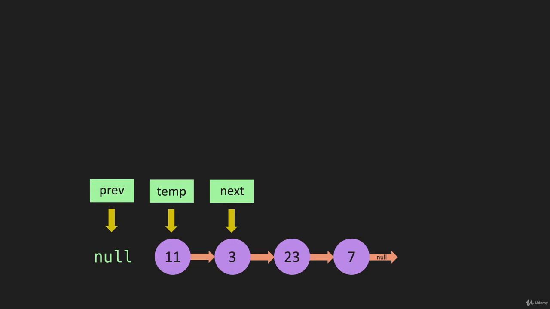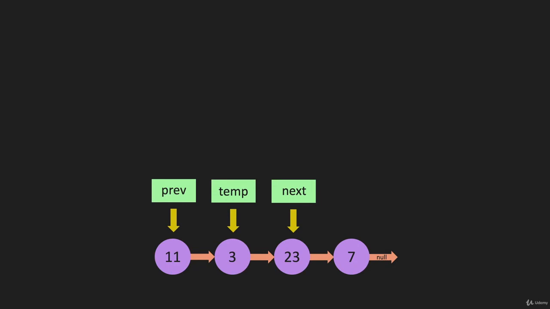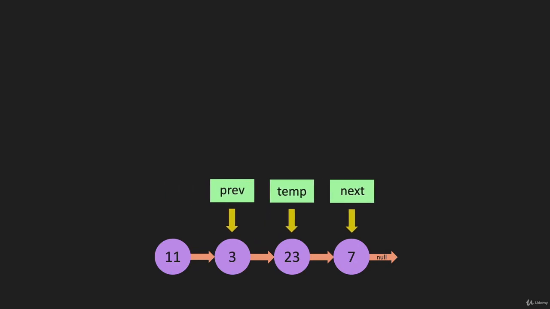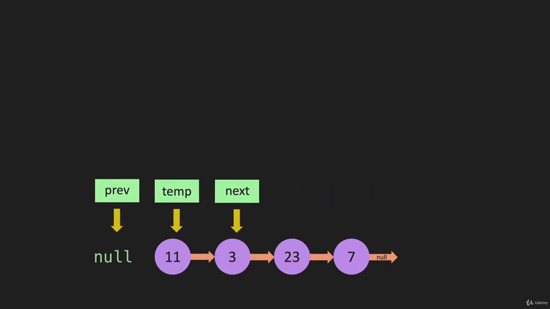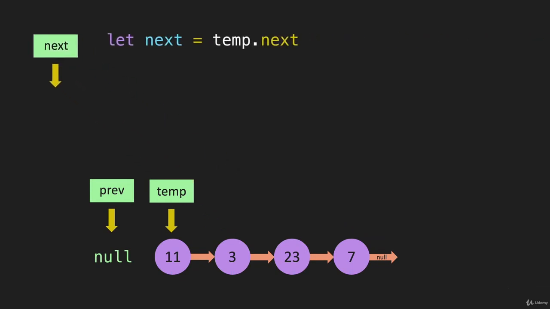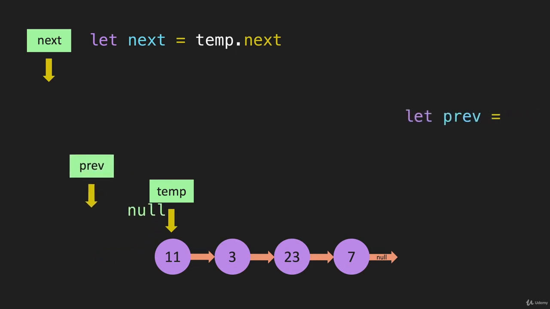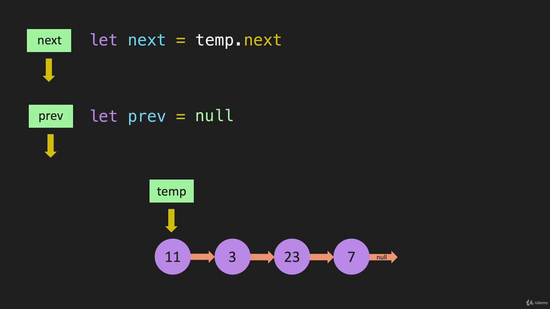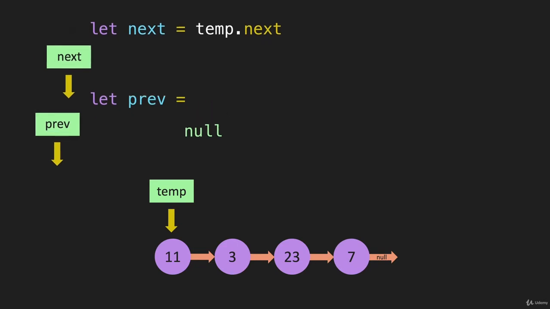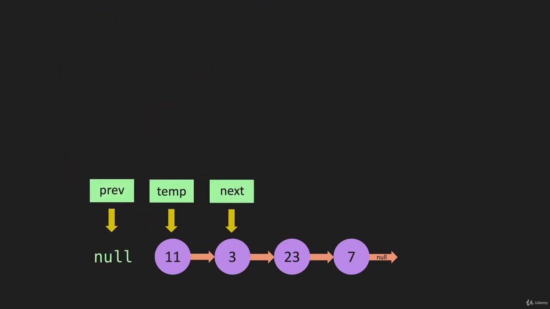So we're going to have a loop that is going to move these through the linked list as we're reversing everything. So I'm just going to move this back, and we need to create these variables. So next equals temp.next, like we just mentioned, and previous is just going to be set equal to null. So let's put these back in the diagram like this.